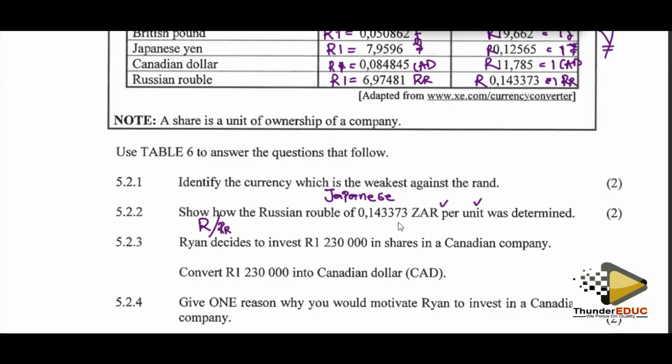So it simply means they took 1 rand divided by 6,978. That's how they got the value. These are rands for every 1 unit. Per simply means 1, each, every. You understand? So that's the trick that's there. You take the 1 rand, you divide it by Russian ruble, and you get that.